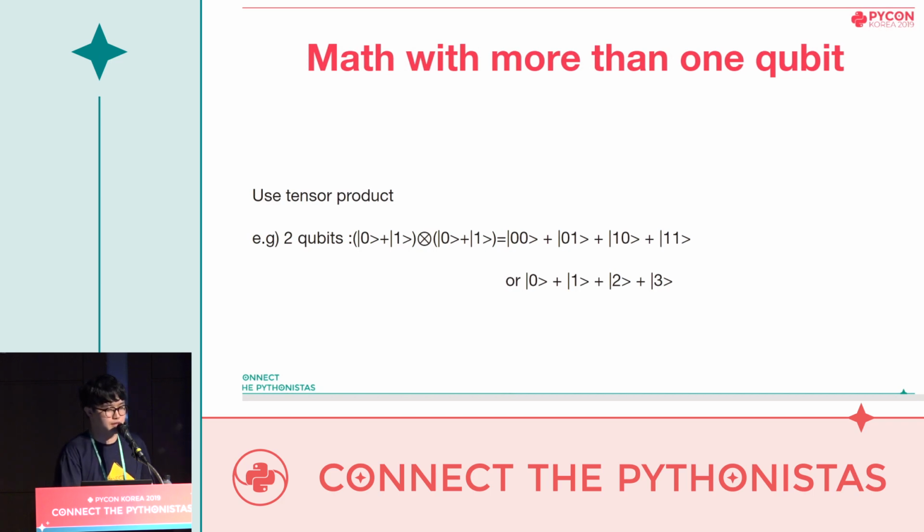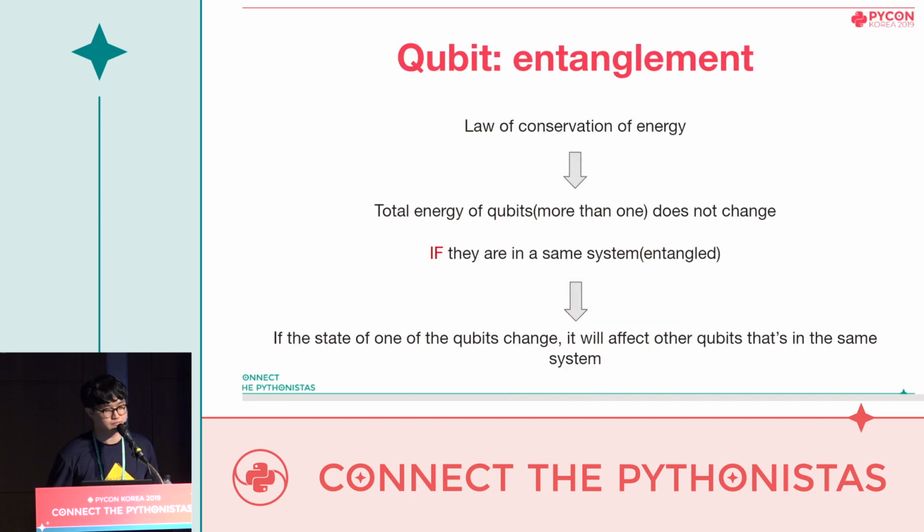As you can see from the example, 2 qubits connect to each other by tensor multiplication, and now there are 4 possible states. Also, we can translate the possible states from binary to decimal numbers because when there are a lot of qubits, the equation will be too long if you write all those possibilities in binary numbers.